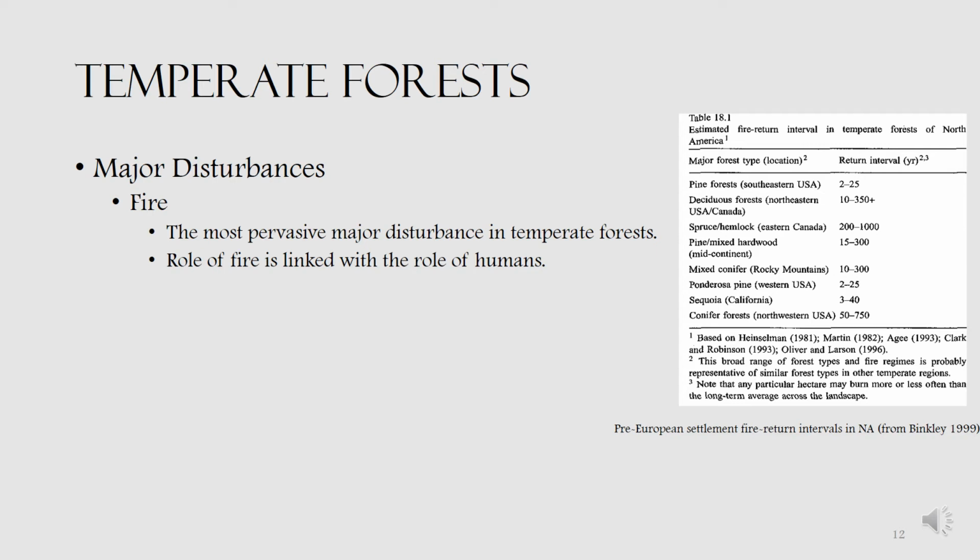So this shows pine forests in southeastern United States have fairly quick return intervals between 2 and 25 years. And you can contrast that with spruce hemlock forest in eastern Canada that has a return interval from 200 to 1,000 years. So it's highly dependent on local conditions and on forest type what the fire return interval for a particular area would be.